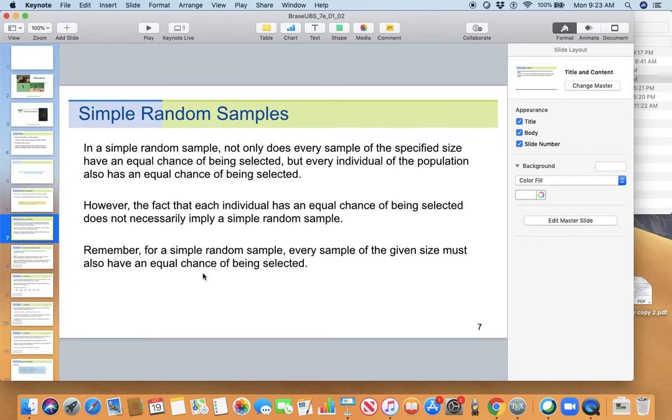In a simple random sample, not only does every sample of the specified size have an equal chance of being selected, but every individual of the population also has an equal chance of being selected. Okay? So not only every group, but every individual. It should not so happen that I select 20 people by choosing husband, wife, husband, wife, husband, wife.